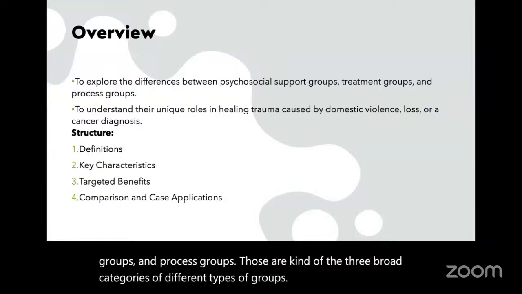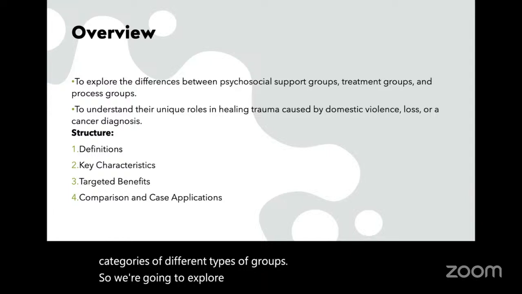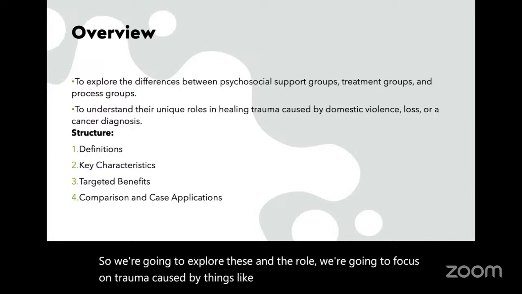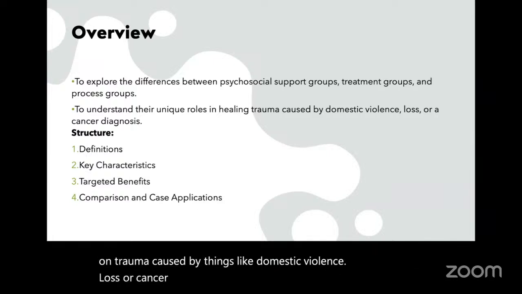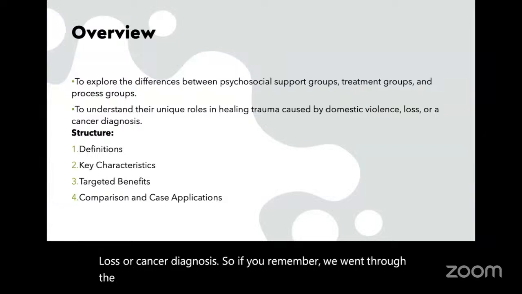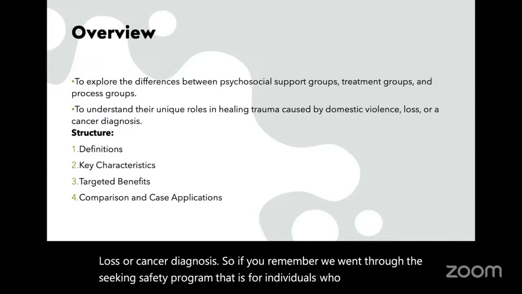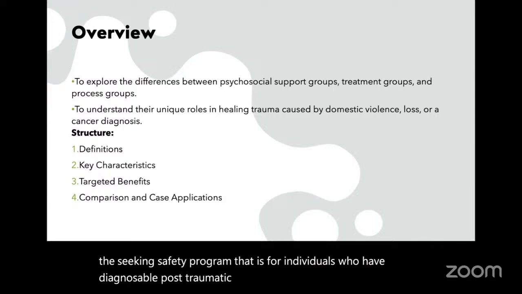So we're going to explore these and the role. We're going to focus on trauma caused by things like domestic violence, loss, or cancer diagnosis. If you remember, we went through the Seeking Safety program. That is for individuals who have diagnosable post-traumatic stress disorder plus co-occurring addiction, okay?